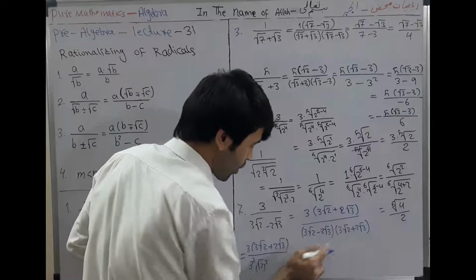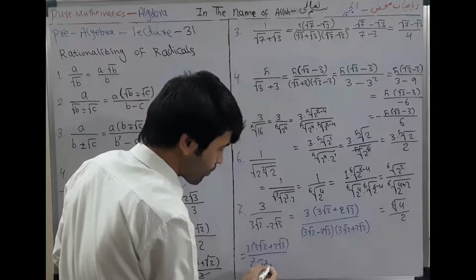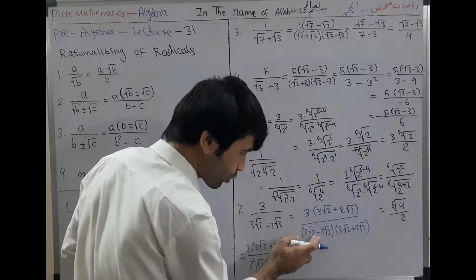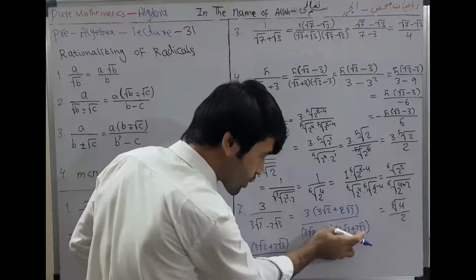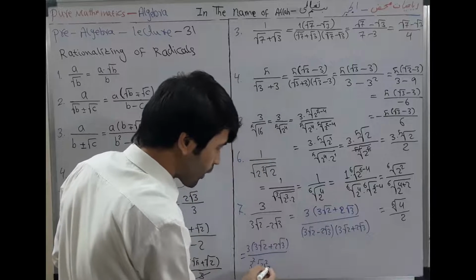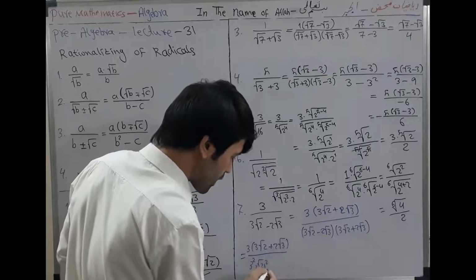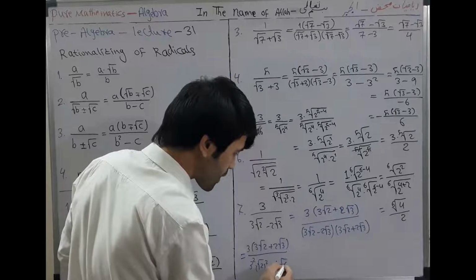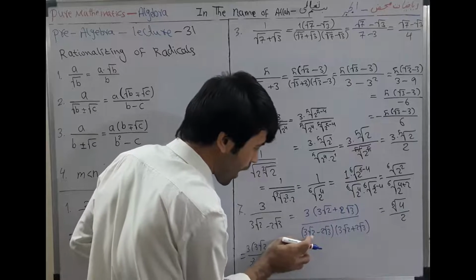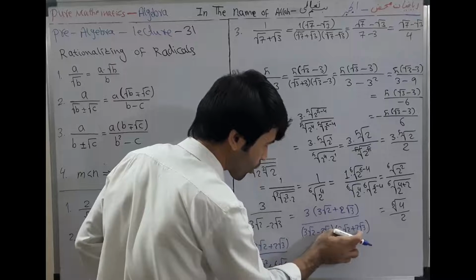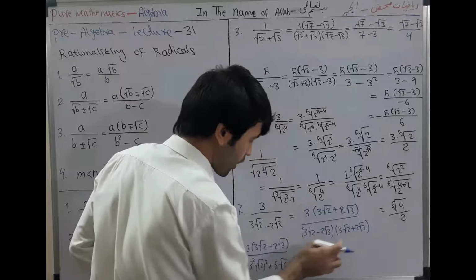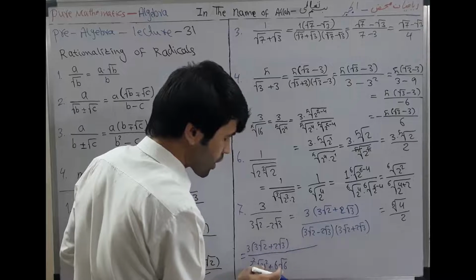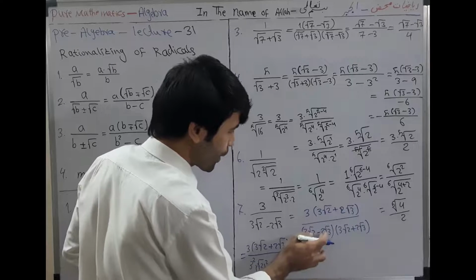Plus these two also multiply, 3 square root of 2 multiplied by 2 square root of 3. Then we get 3 multiplied by 2, 6 square root of 6, because here we have square root of 2 and here square root of 3. These two multiply, then we get 6 square root of 6.